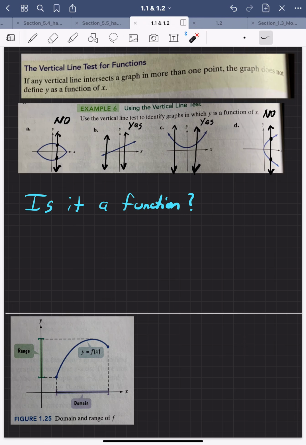Now, I realize that for many of you, you're good to go. I told you how to use a vertical line test, and you're good to go. Take me to the next topic. And then there are some of you, maybe you have a lot of math in front of you.